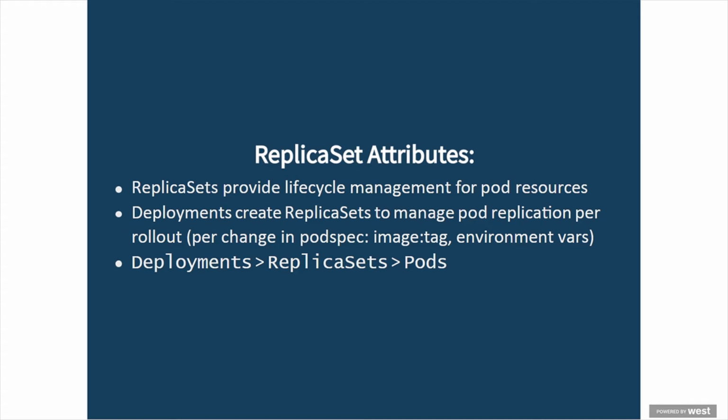Replica set attributes. Replica sets provide lifecycle management for pod resources. This sounds very similar to what I just described with deployments. The main difference is deployments create replica sets to manage pod replication per rollout, or per change in image tag, per change in pod spec, per change in environment variables.